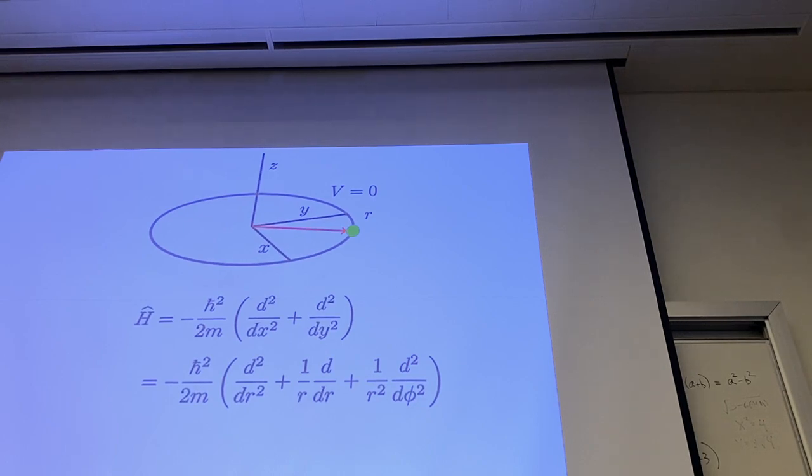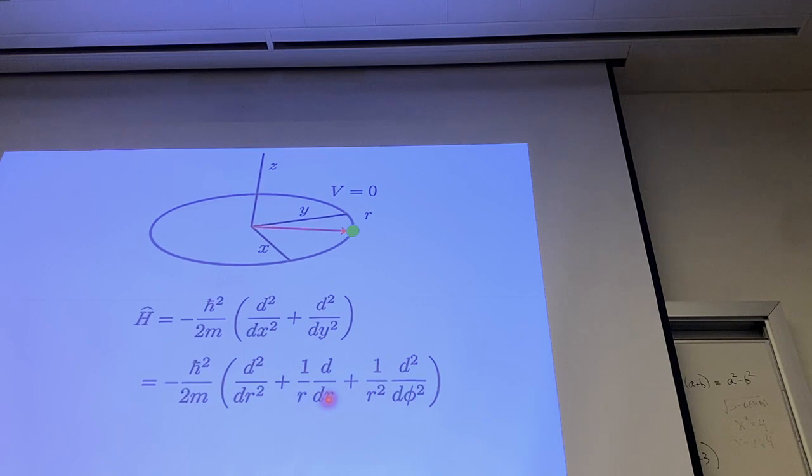So what does it say? The only thing I've done so far is rewrite whatever is in parentheses in polar coordinates. And I see, instead of 2 terms, I have 3. Is that problematic? Do I make things worse? Not really. Because the first 2 of these terms depend on r, a change in r here and a change in r here. But r is not changing, because r is constant.